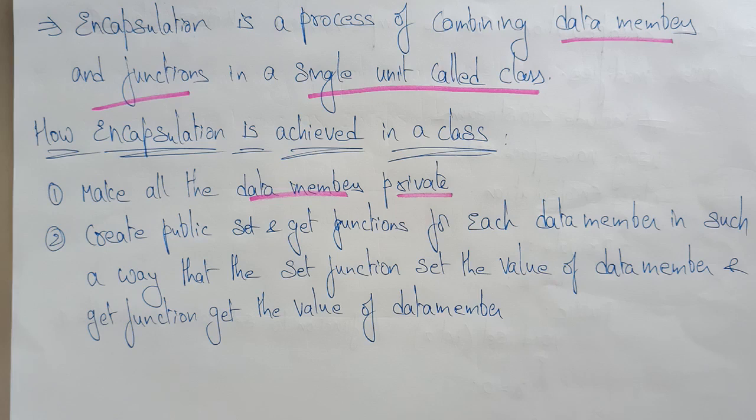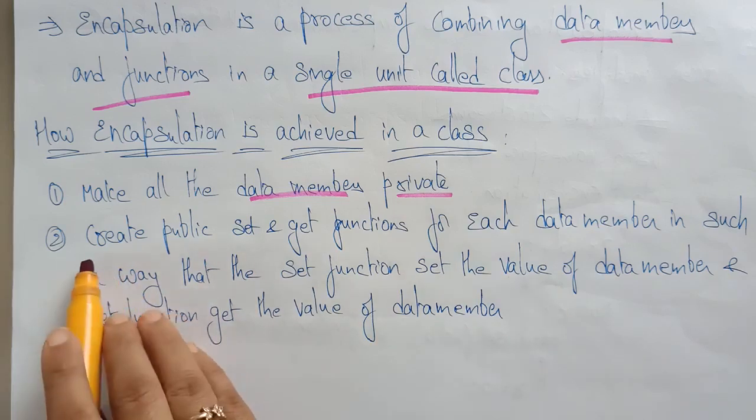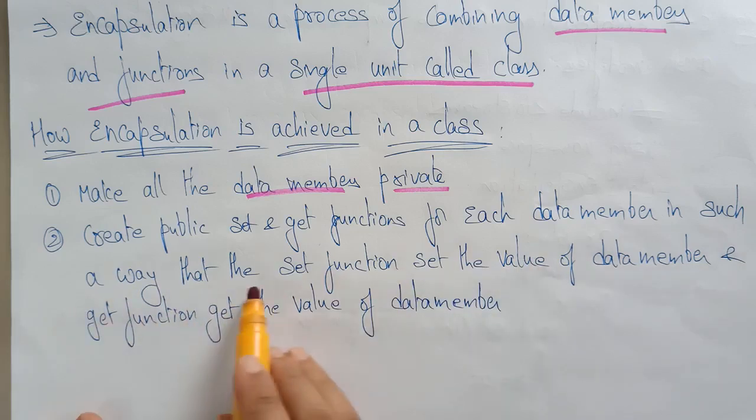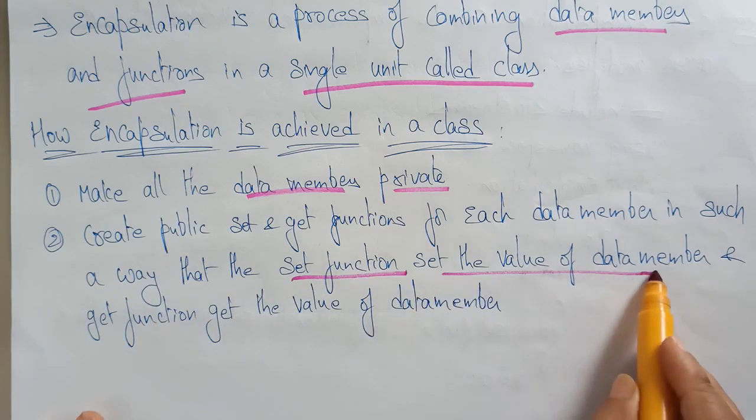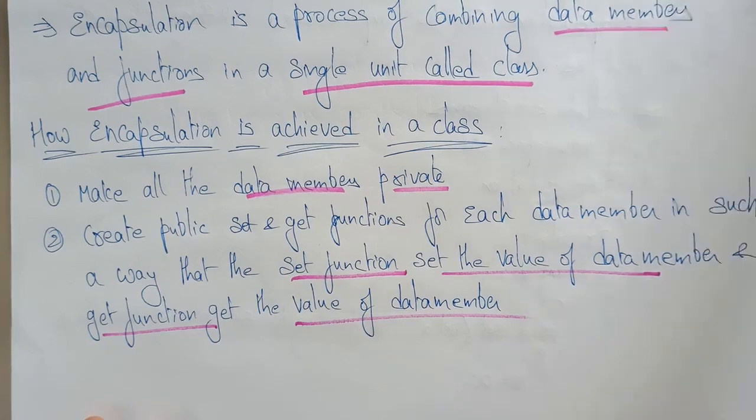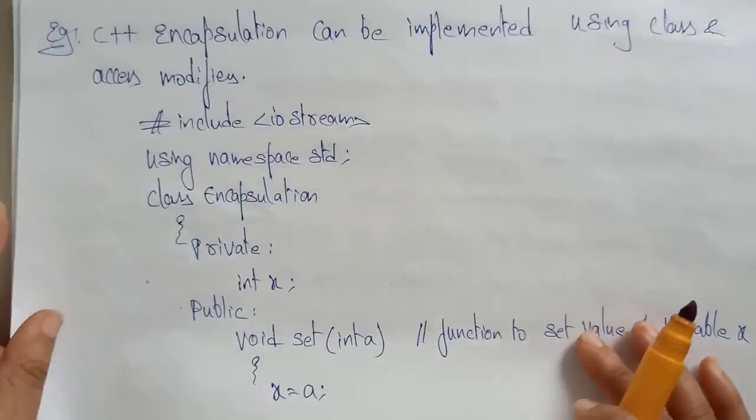Functions, everyone can access, because withdraw, open, show, deposit, every account holder has the same functions, but the data members are separate for each account holder, with separate identity information. Then create public set and get functions for each data member, in such a way that the set function sets the value of the data members, and the get function gets the values of the data members. See here, this is an example.